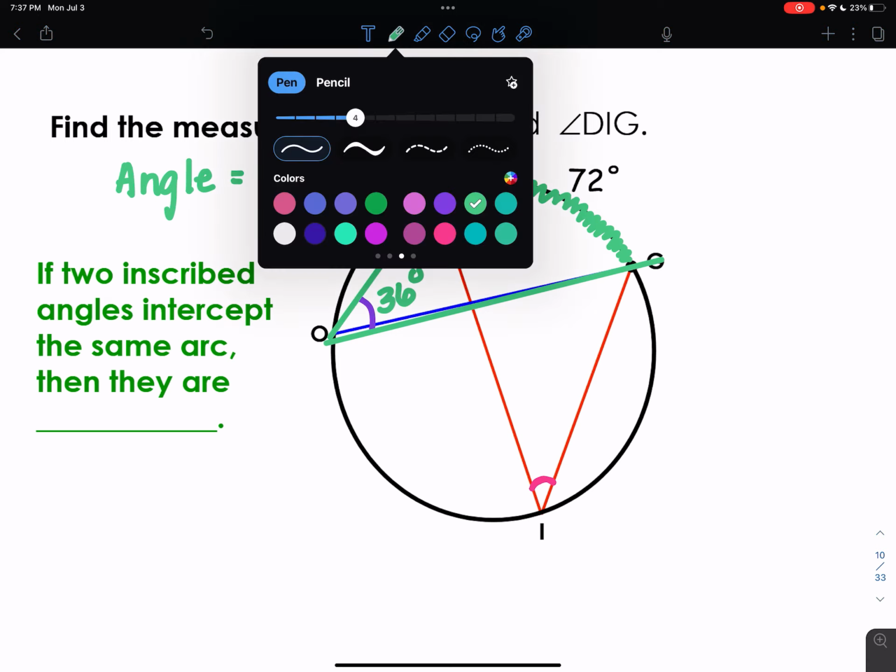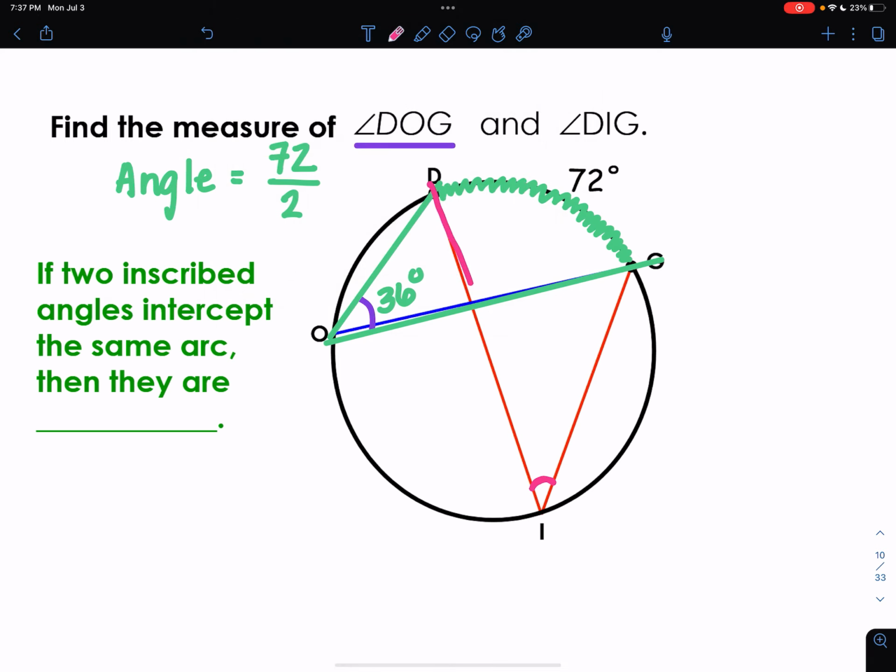Now when I go look at angle DIG, highlight that, turns out it is intercepting the same arc. So this angle would also be 72 divided by 2, so we get 36 again.